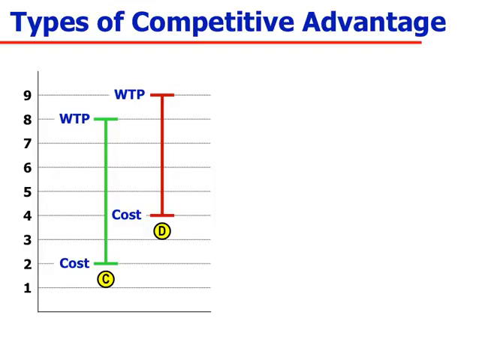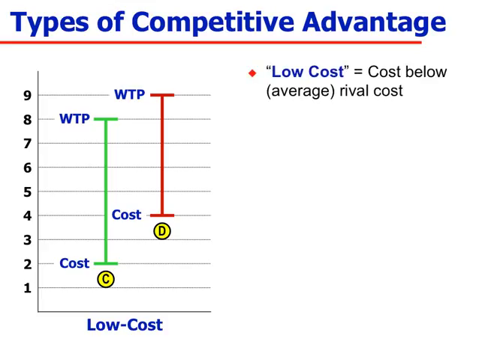Firm C has a cost of 2 per unit, while the average rival, or the only rival, depending on how you want to interpret it, has a cost of 4. That means firm C indeed has a low cost position. But of course, that doesn't necessarily mean they have an advantage. You can have low cost, but not necessarily an advantage. Being low cost just means that you have a cost below your rival or below the average rival.